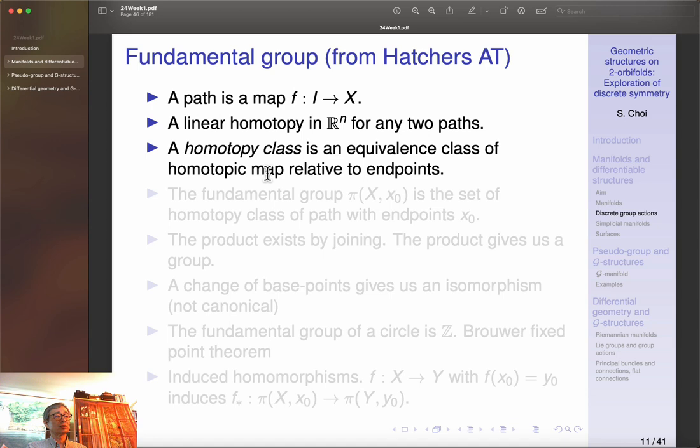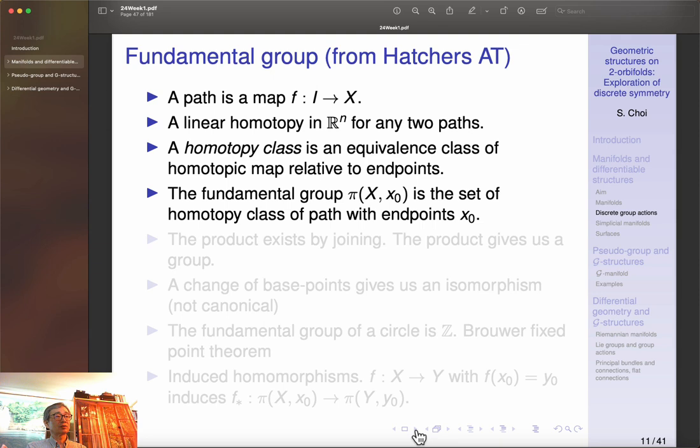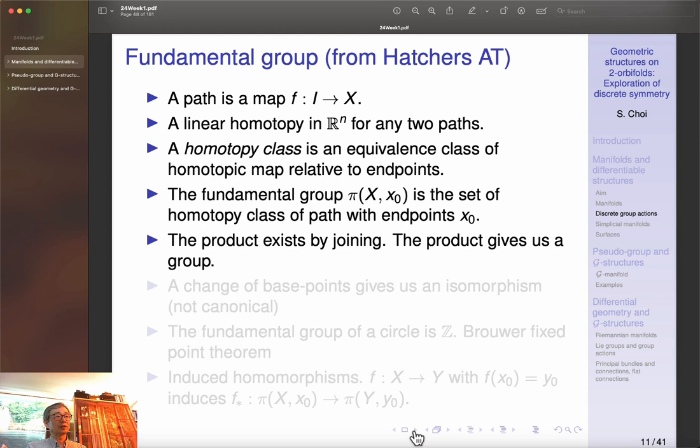That means the homotopy map has to be constant on the endpoints, which is a little bit different from a general homotopy. The fundamental group is the set of homotopy classes of paths with endpoints both x0. The product exists by joining paths, which is called concatenation. Then the product gives us a group. So that's called the fundamental group.